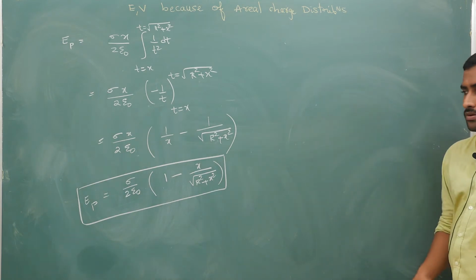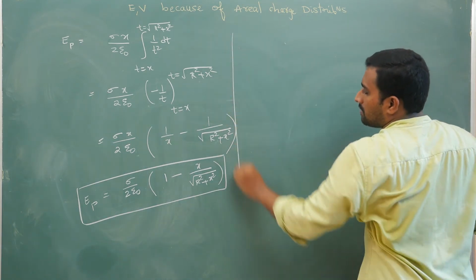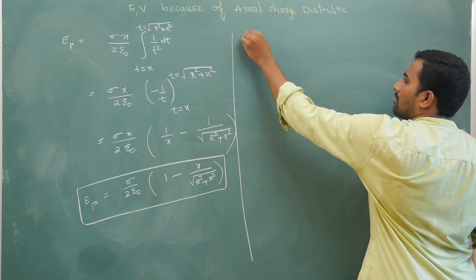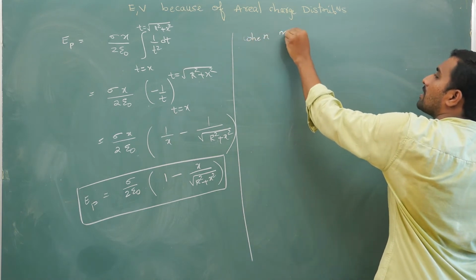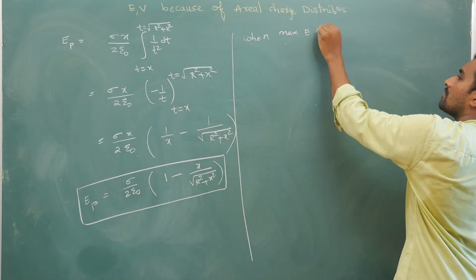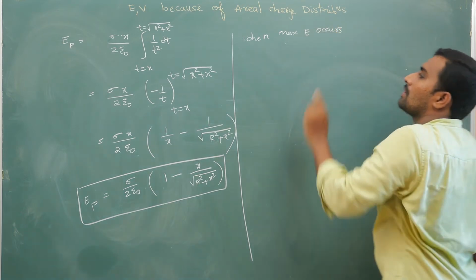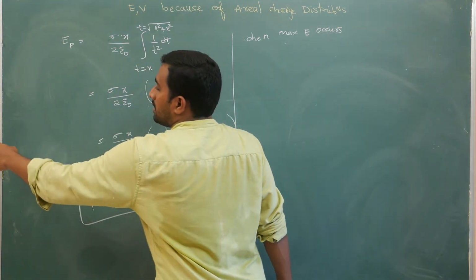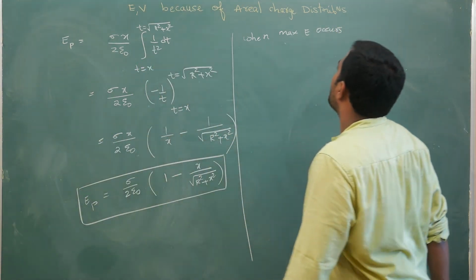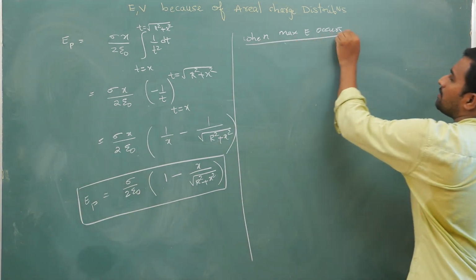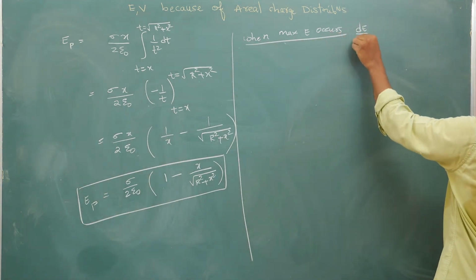Now when maximum electric field occurs, what is going to happen is, your dE by dx is equal to 0.